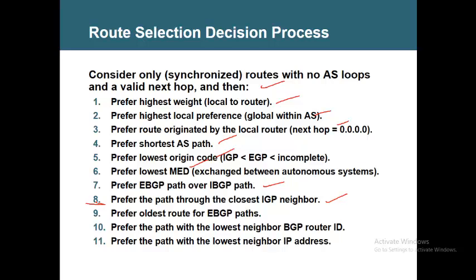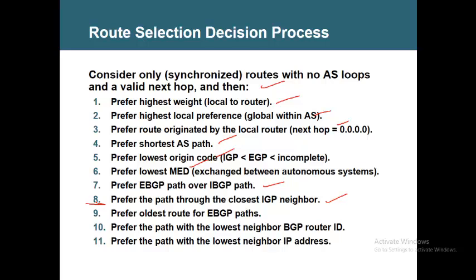What it is saying is that if you have more than one autonomous system, or, no, because you're in the same AS, the closest IGP is the closest one to the source that you're trying to reach.